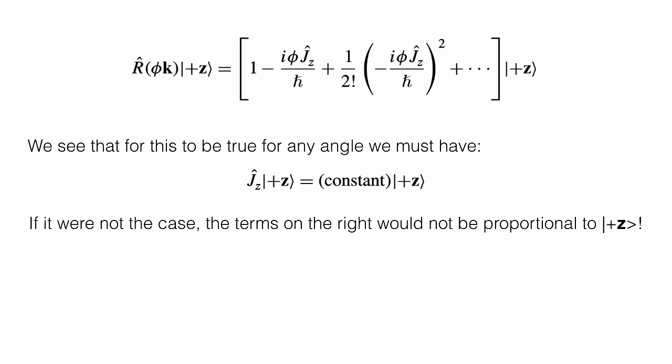Then the expression on the right would have a component along minus z, let's say, and you would never be able to cancel it from the other terms, and thus you would end up with the expectation that the rotation of the plus z vector around the z-axis would no longer be aligned with the plus z-axis, which is not an appropriate conclusion. So we show by thinking about this that the plus z vector is indeed an eigenvector of Jz.